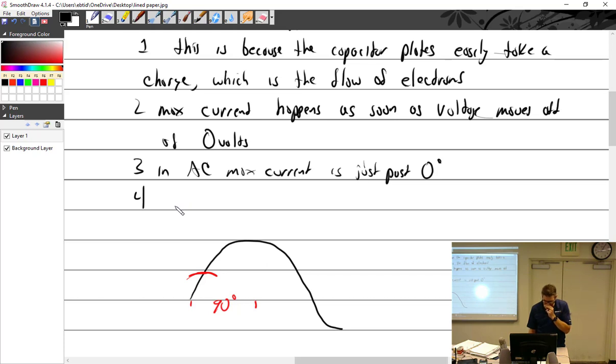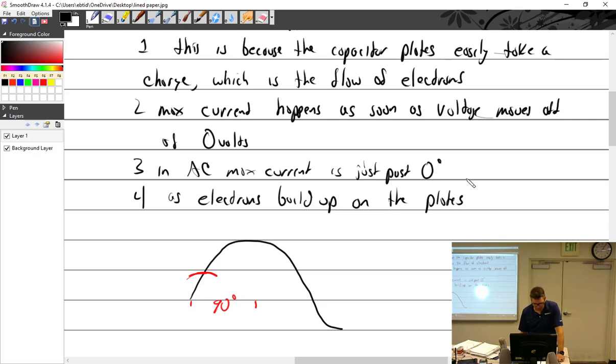Well, as electrons build up on the plates, the capacitor opposes additional current flow.